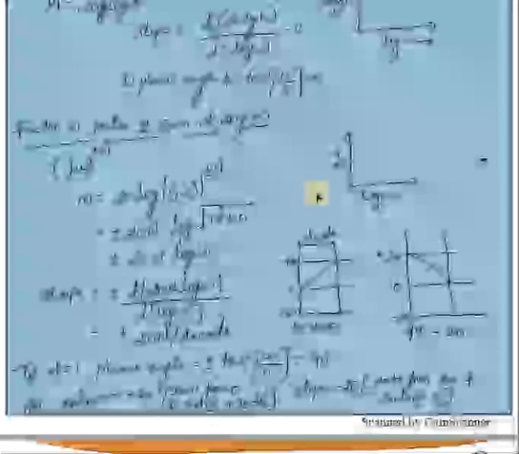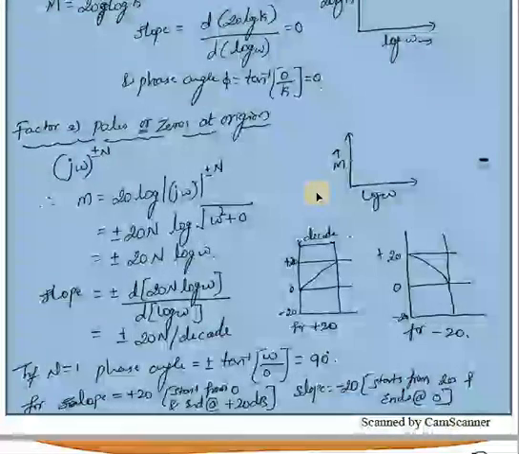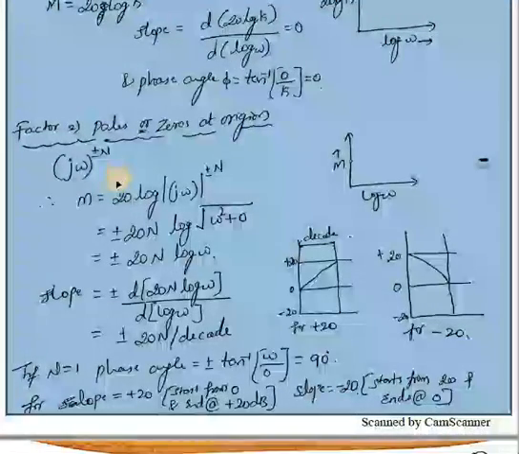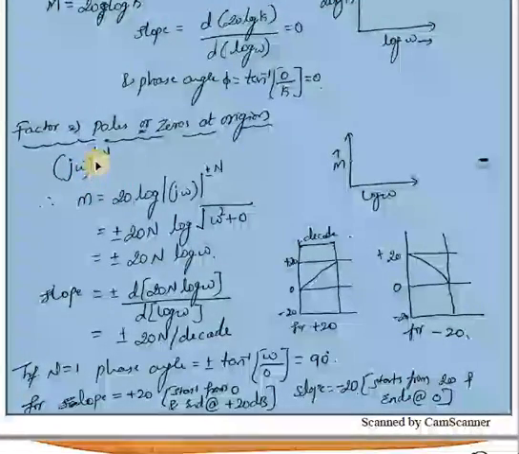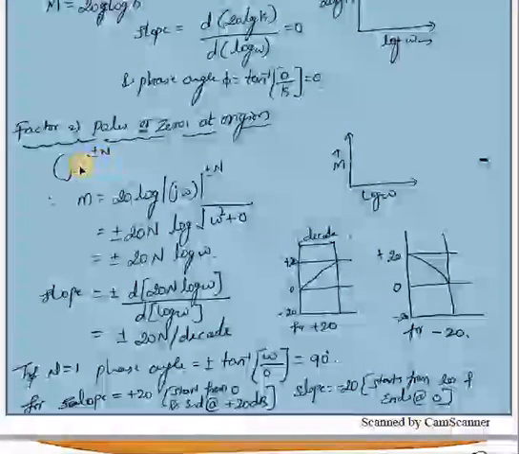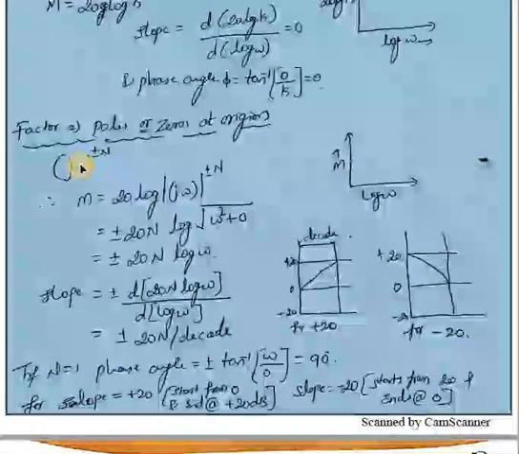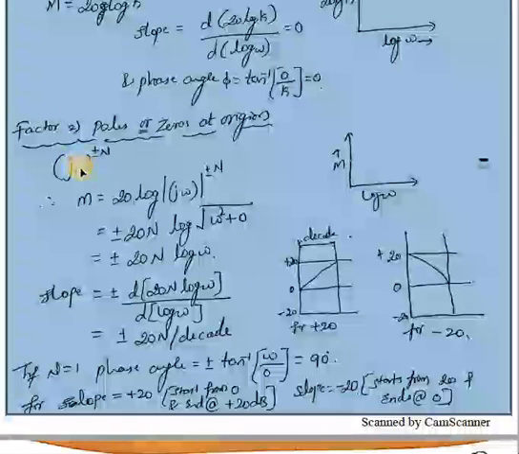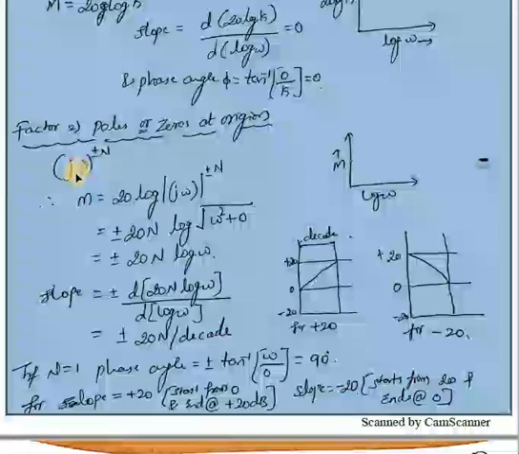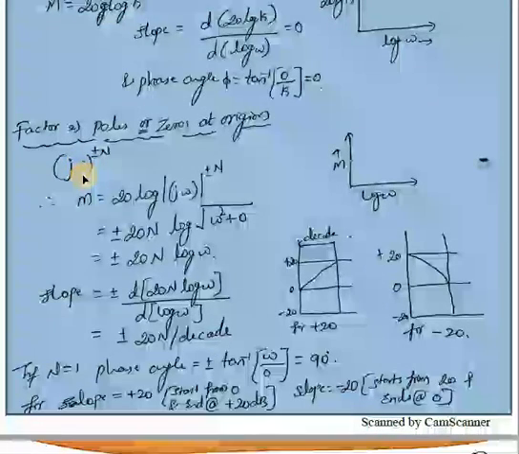Then the second factor is a pole or a zero at the origin. So for this it is j omega raised to plus or minus n. In your transfer function you have the terms in the form of s, so I am replacing that s by j omega here.